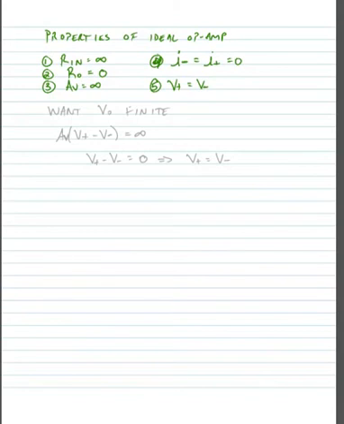Thinking about this, let's assume that we want the output voltage to be finite from our operational amplifier. In other words, we want it bound by something. If we had V out equal to A times V plus minus V minus, and we know that A we desire to be infinity, then this would equal infinity.